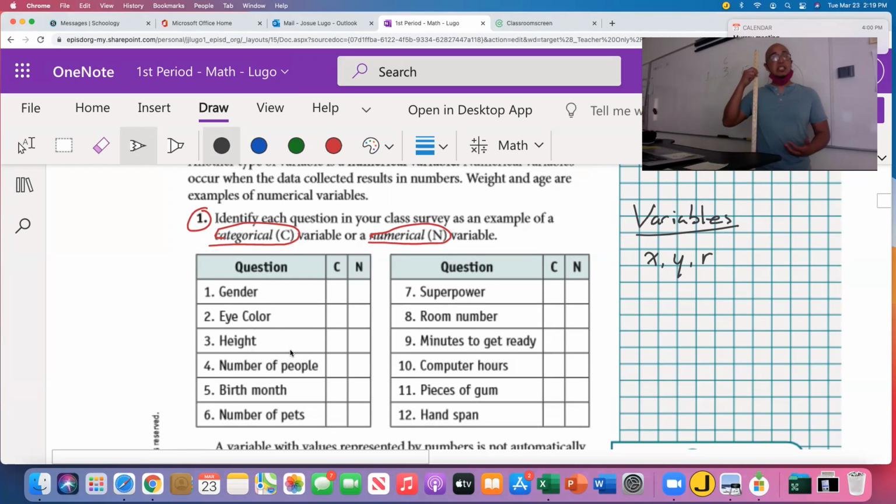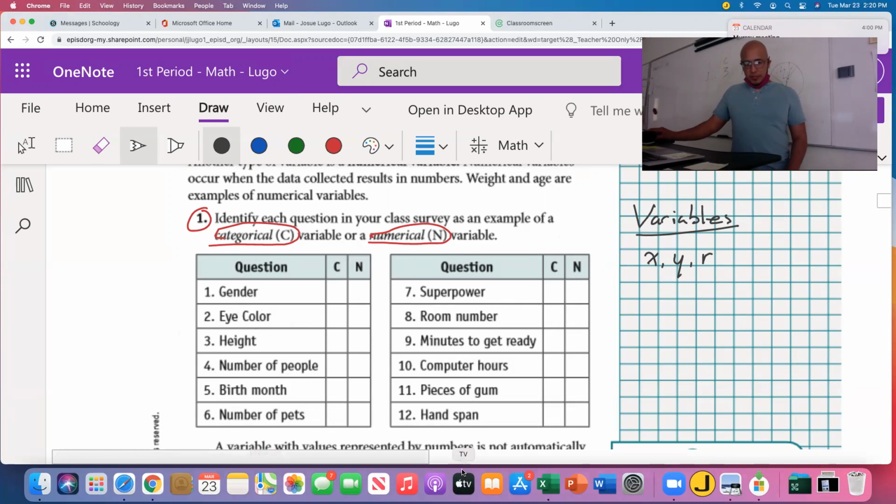I measure 67 inches, which is 5 feet 7 inches or so. Is it possible that somebody else in a classroom is going to measure the same as me? Yes. But again, that is something that can be different from person to person, just like the number of people within somebody's home or the number of minutes it takes somebody to get ready, etc. So those are different variables, things that can change or vary from person to person. That's what we call it a variable, because it can vary.